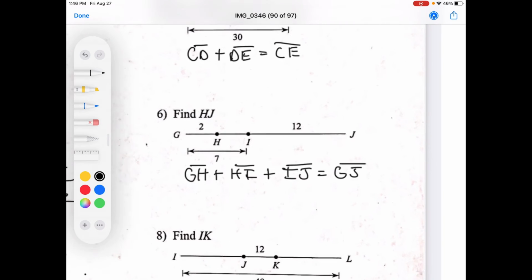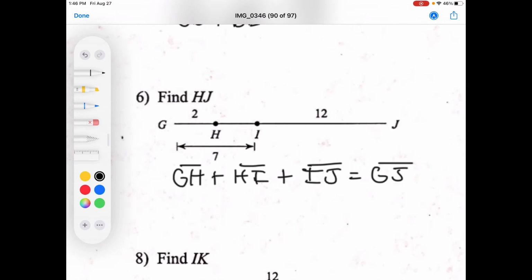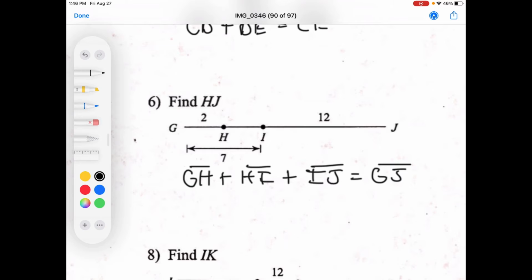All right, if you look at 6 is a little bit different. It's asking for HJ. So from here to here is what it wants to know. So if I can figure out HI, then I can know what HJ is, because HJ is HI plus IJ, and we're already given IJ is 12. So we can figure out HI by using this. GI is 7 and GH is 2.